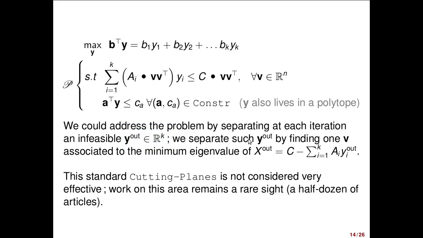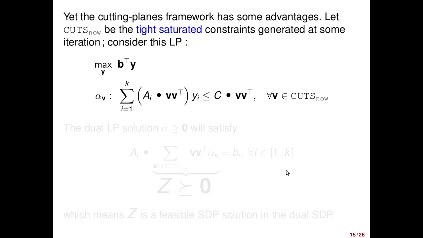By simply finding the minimum eigenvalue and the corresponding eigenvector for the associated X matrix. Such standard cutting planes is not considered very effective. Work on such idea is limited. But the cutting planes framework has some interesting advantages that do not exist in interior point methods, more popular for solving this kind of problems.